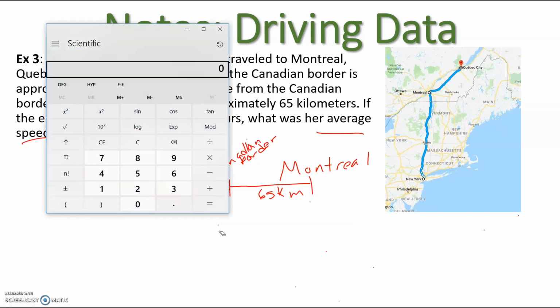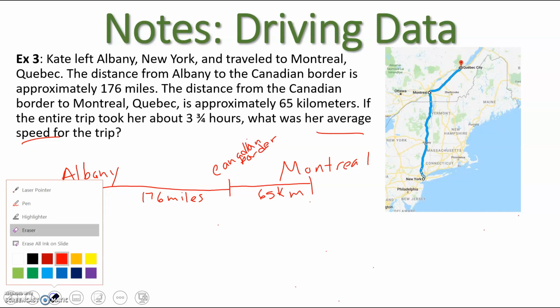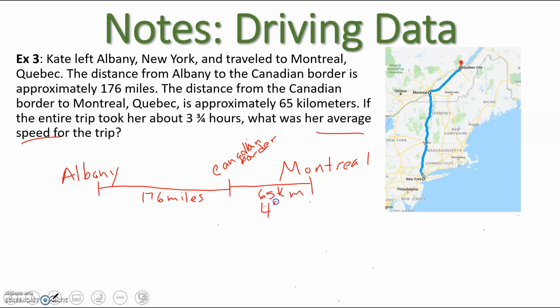So we have 65 kilometers divided by 1.60934, and we see that 65 kilometers is about 40.4 miles.